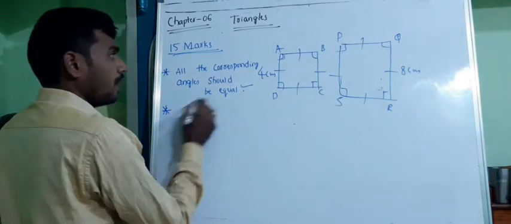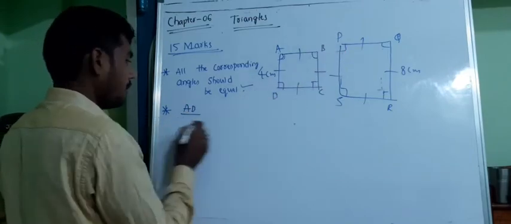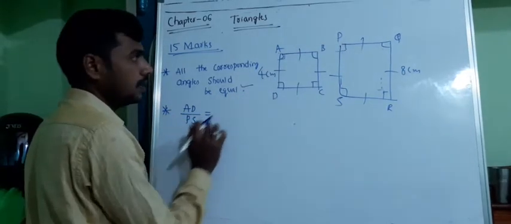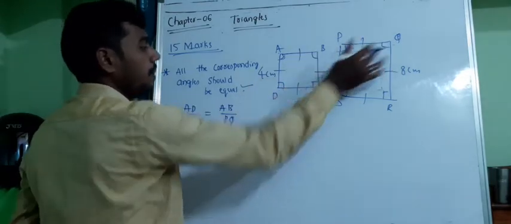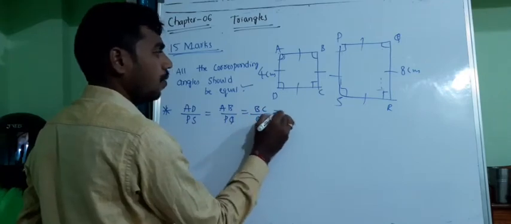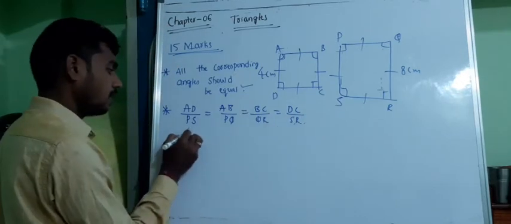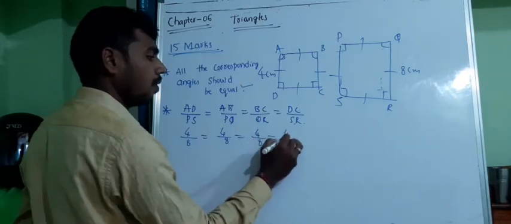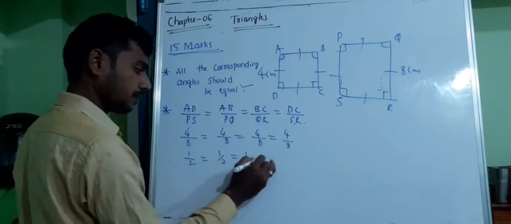See, AD corresponds to PS, so AD by PS, AB by PQ, BC by QR, next DC by SR. If I take AD, it is 4 by 8, and in all the cases it is equal to 1 by 2.